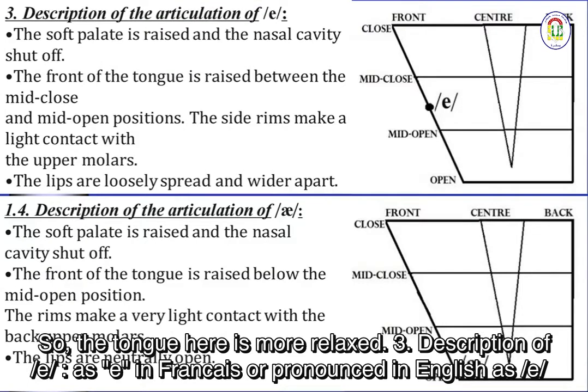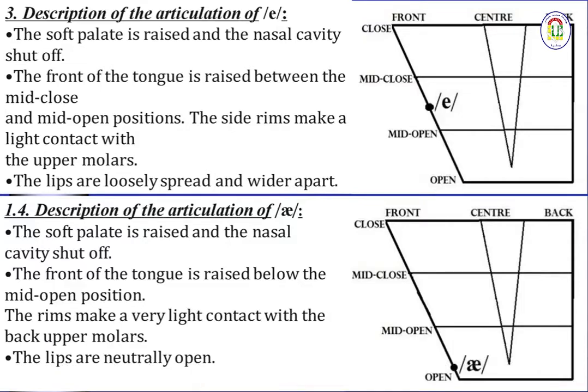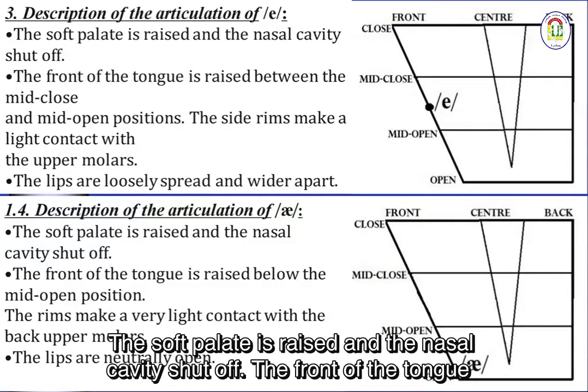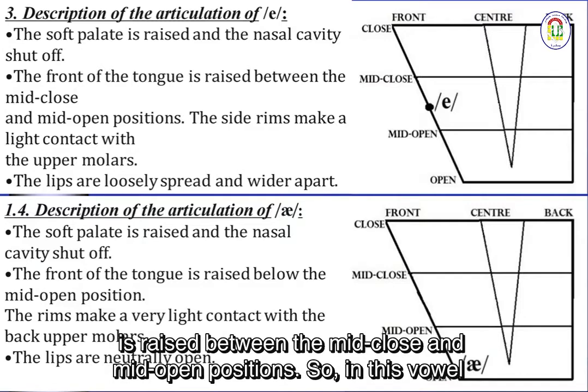Number 3 is the French E, pronounced in English as A. The soft palate is raised and the nasal cavity shut off. The front of the tongue is raised between the mid-close and mid-open positions.